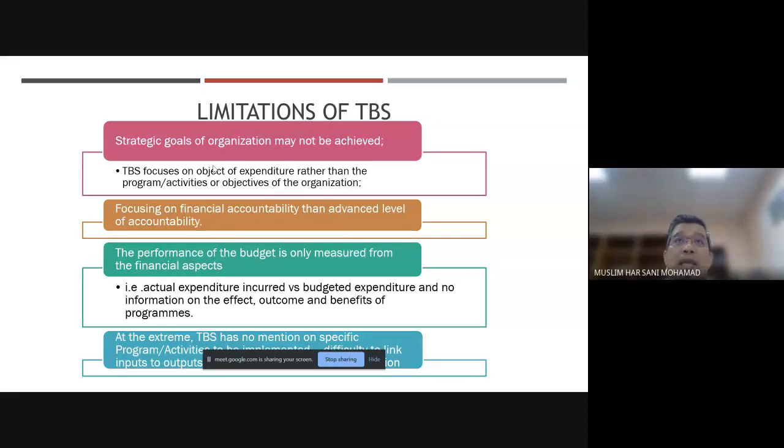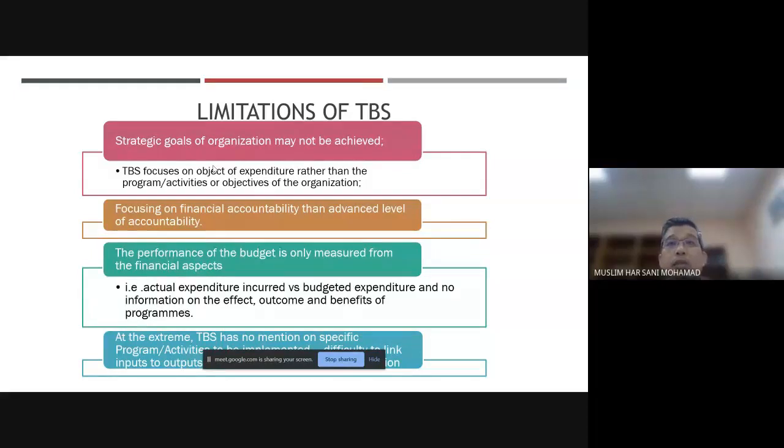Because planning must be good, and then they provide services to the public or target groups. This is government expenditure, with very high, multiple objectives. But in terms of financial, the most they can look at is how much they already spent based on their budget allocation. So if they manage to spend the whole amount of budget, it's considered good performance.